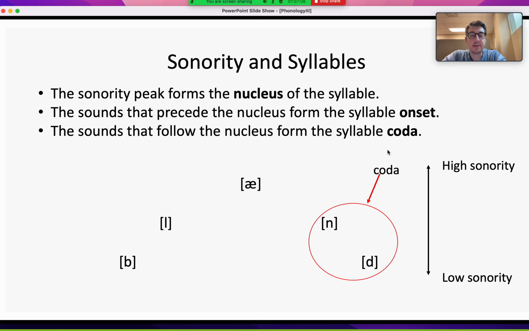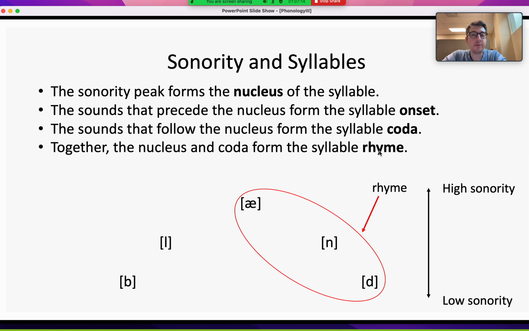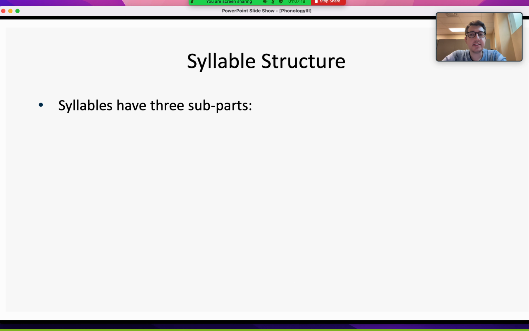Coda, right? And these two would be coda sounds. Together, the nucleus and coda form the syllable rhyme, of course. And as I said, syllables have three subparts. We will mark a syllable with the sigma symbol, okay? Always use sigma.